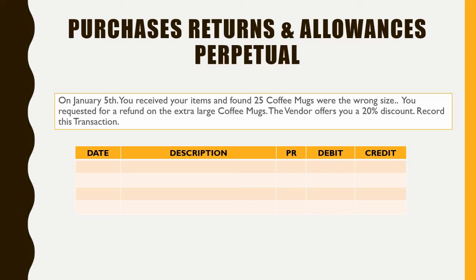So how are we going to record this 20% discount off of 25 coffee mugs? Assuming that each coffee mug costs you $1.25.